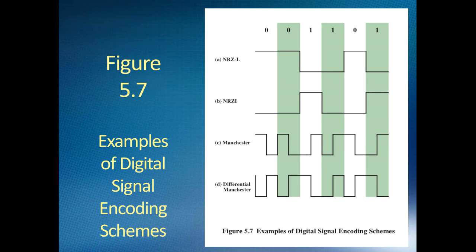Try to draw it on a paper you have. When it is 0, high, low. It is 0 again, high, low. It is 1, in the middle the change happens, low, high. 0, high, low. 1, low, high. There is an exercise, by the way. We'll give you an exercise.